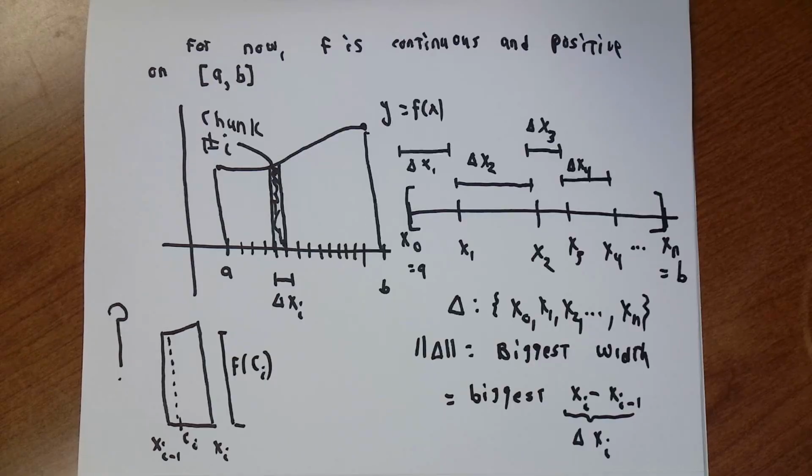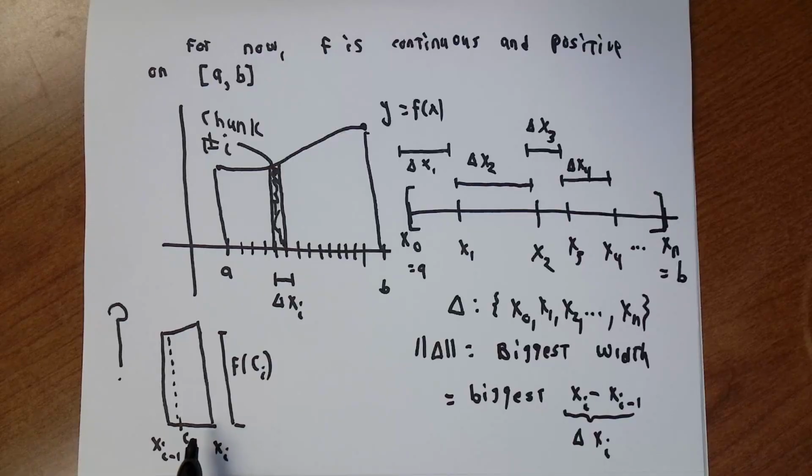I'll select some x number in chunk number I that I'm going to refer to as Ci, and I'm going to say that this is a representative x number for chunk number I. I'm going to approximate the situation by thinking of chunk number I as roughly being a rectangle.